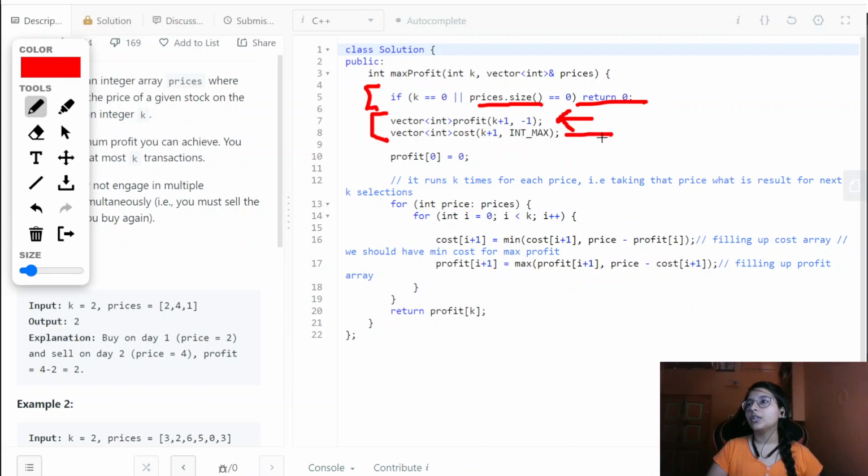And at this particular point, we are making our cost basically int max. It's just because at the starting moment, we are making our cost the maximum limit, that this much cost we could have. But at any particular moment of time, the thing which we buy is basically the minimum one, and the thing which we sell is at the maximum one.